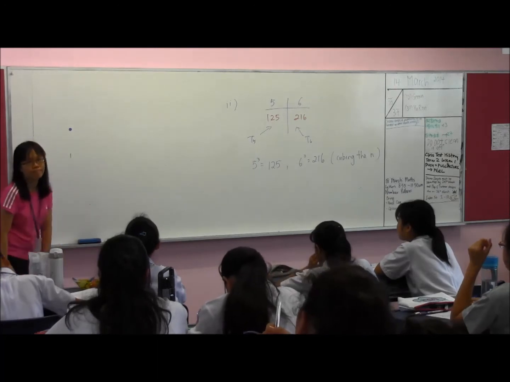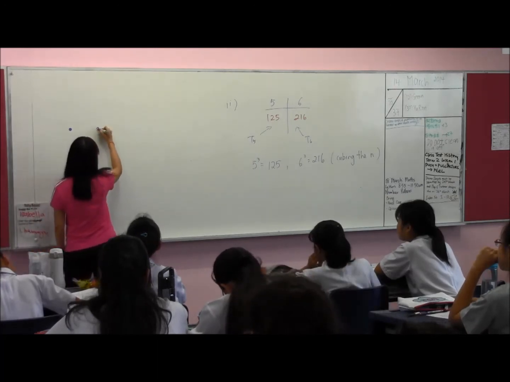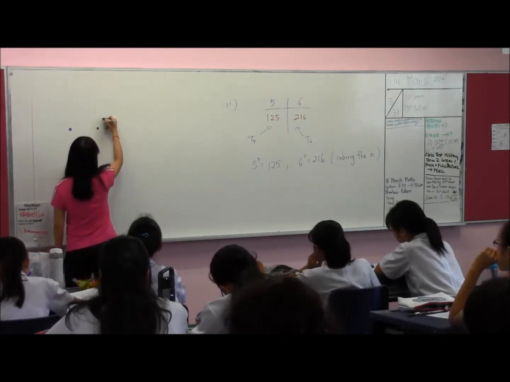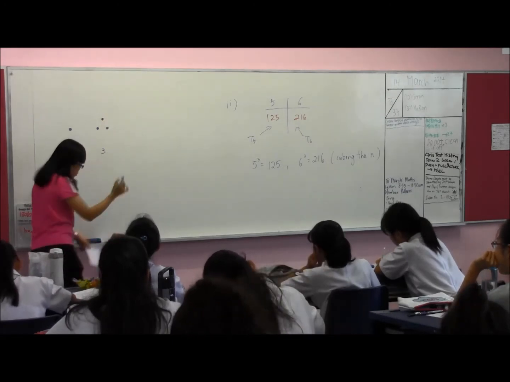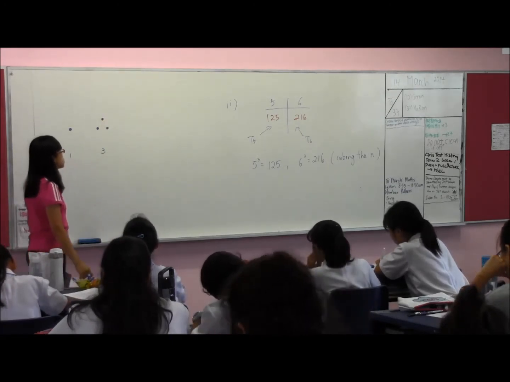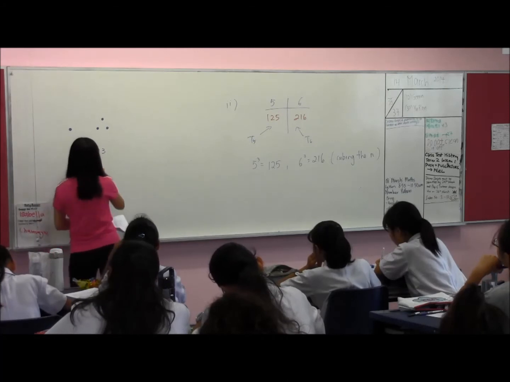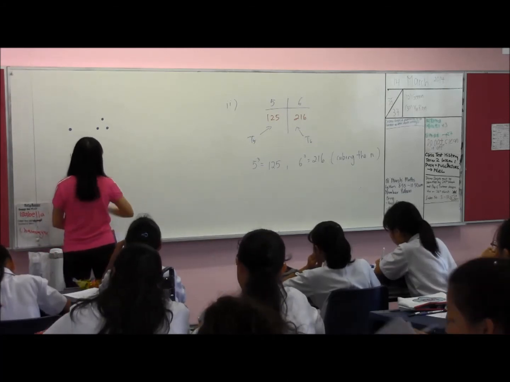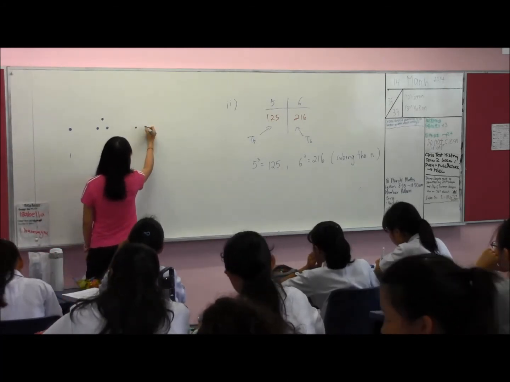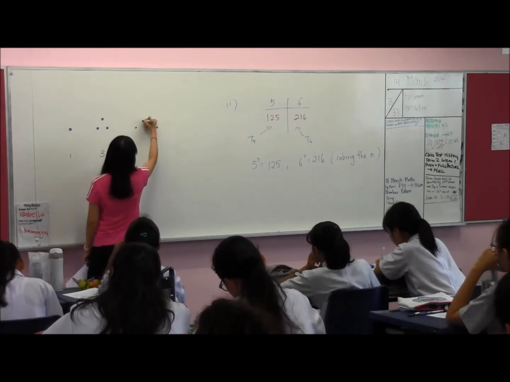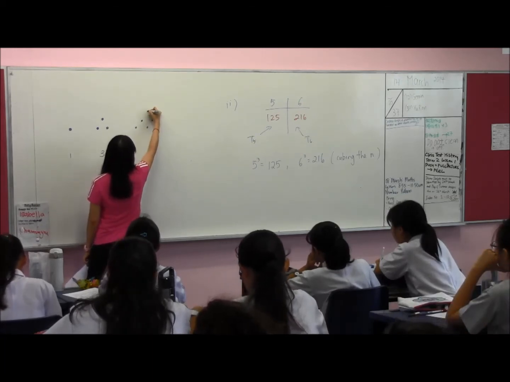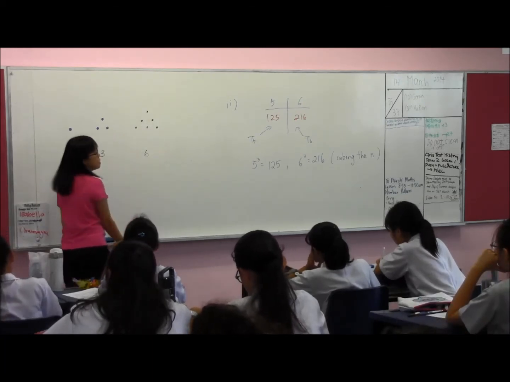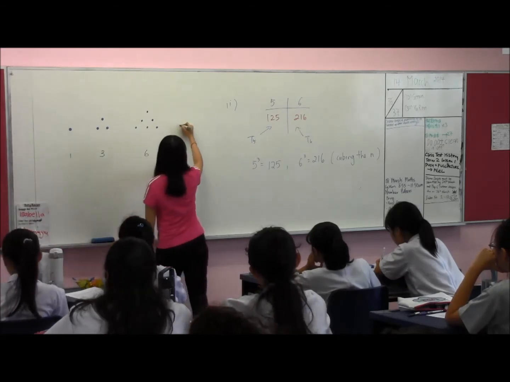There's only one. Then my second one looks like this. Then the next one is 6. So you will have 1, 2, 3, 4, 5, 6, and then of course you can go on.